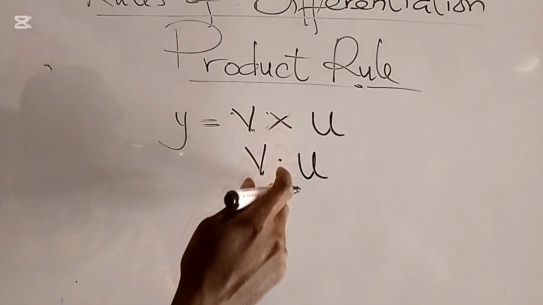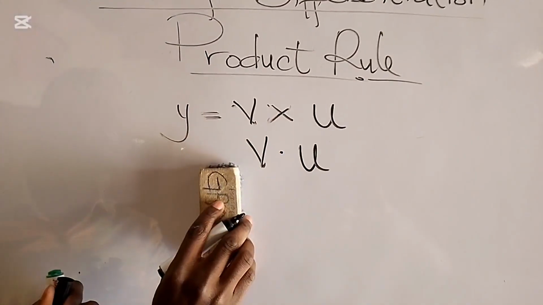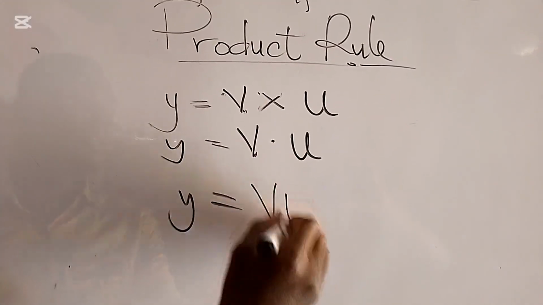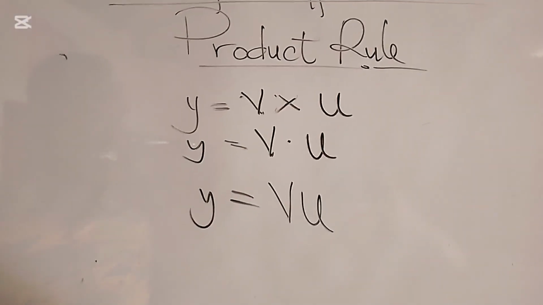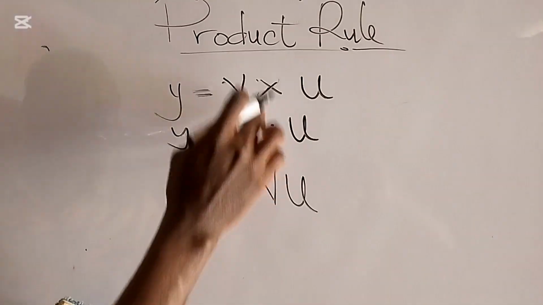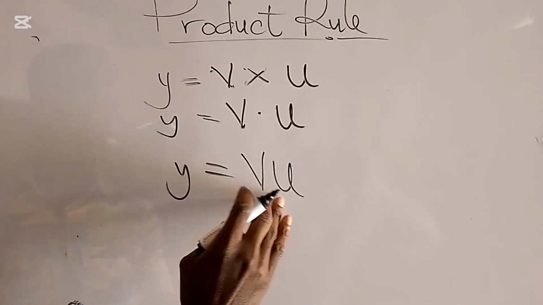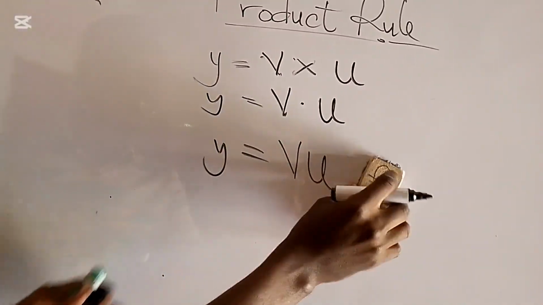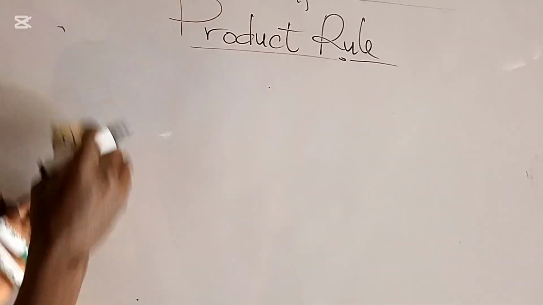If we remove the multiplication signs, we can quickly write vu. So we will remove the dots, but in your mind, you should know that when we have two variables coming together, we have a multiplication sign in between them. I hope you get me to that point.